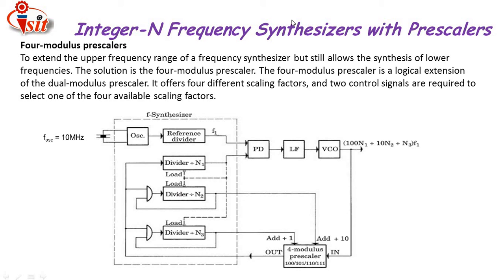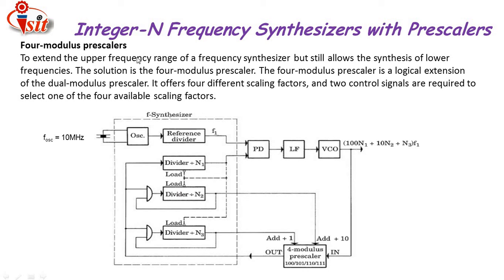Like this, the integer n frequency synthesizer with prescaler: the values n1, n2, n3 are prescaled and divided by some values, and all these values are multiplied along with the reference divider frequency f1.